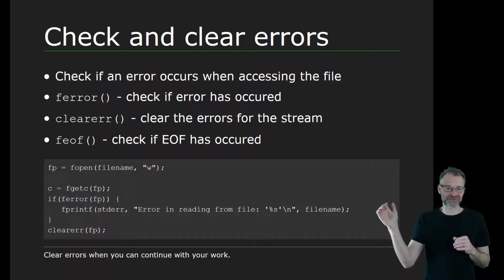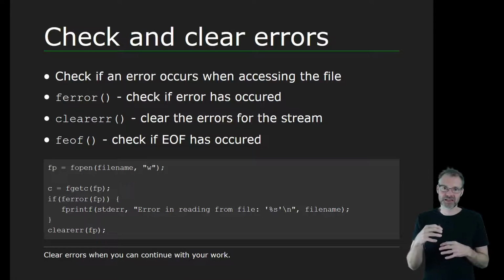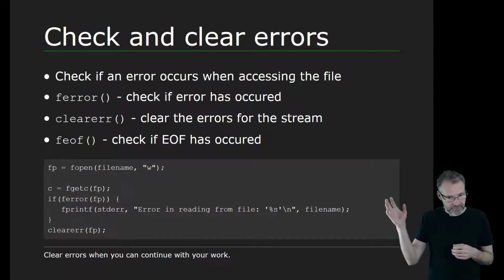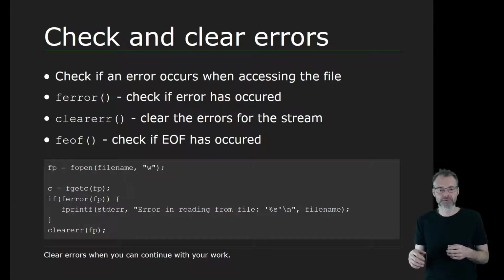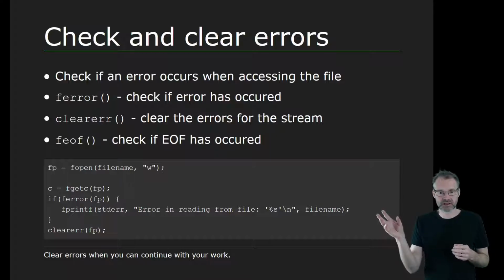I do that with ferror. You may remember I said that the structure for the file pointer contains the information if some type of error has happened with it. And ferror just checks the struct: did any error happen, and if so, deal with it. In this case, I'm just going to printf to the standard error that this type of error occurred.